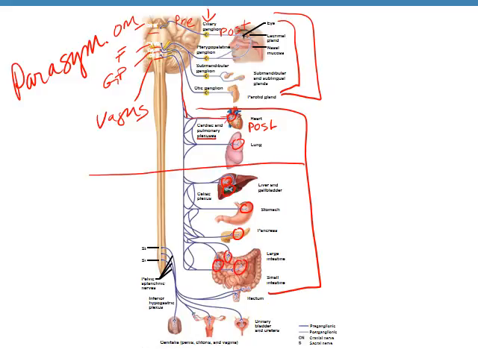I also want you to notice that you can see this branching, or the plexus, and they kind of seem to join together. So in this area, your cardiac and your pulmonary can both be turned down at the same time. And if you notice all of the plexus here, the celiac plexus, all of this branching can be used to turn up digestive action. And remember, parasympathetic is rest and digest.